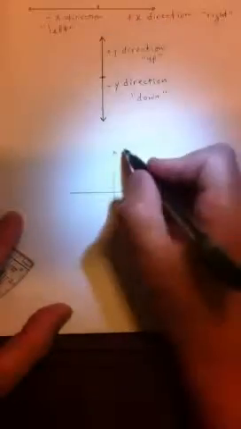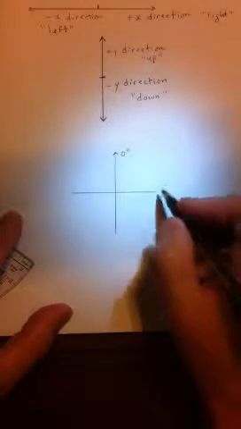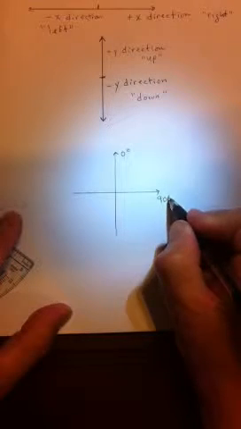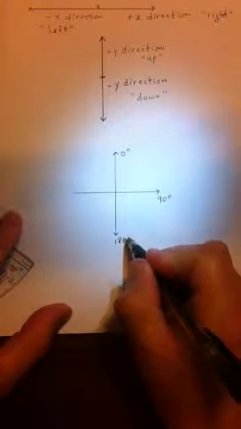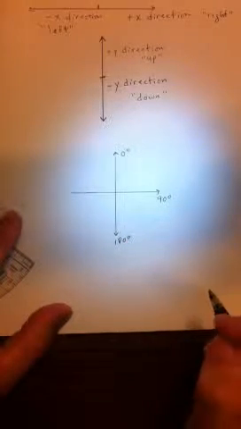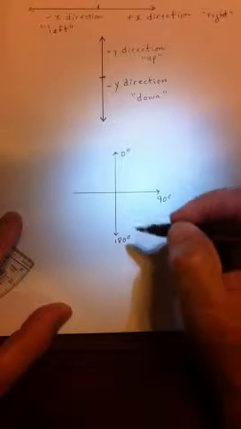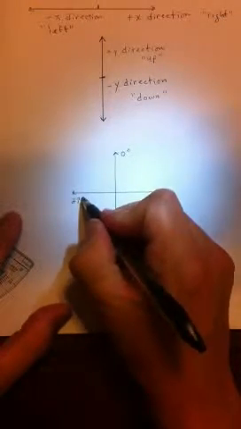Compass bearings are used, starting with 0 degrees, and then 90 degrees, 180 degrees for a bearing that's pointing in the negative y direction, also known as south, or 270 degrees.